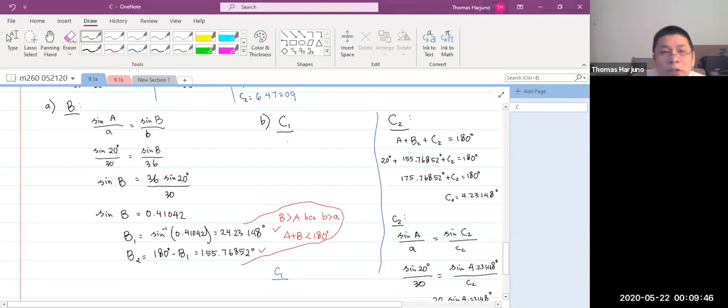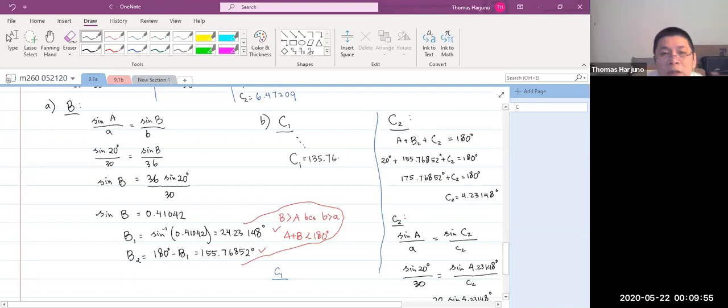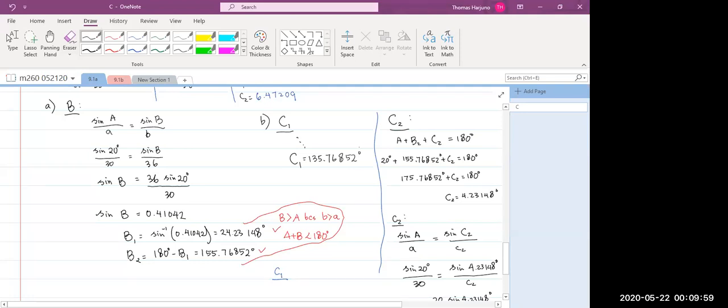What do you get for your C1? 135.76852 degrees. Anybody else can confirm? Yes, it is.